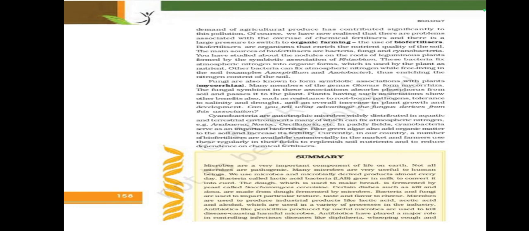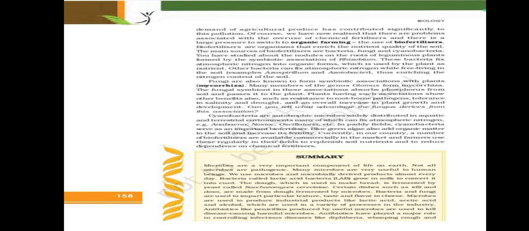Plants having such associations show other benefits also, such as resistance to root-borne pathogens, tolerance to salinity and drought, and an overall increase in plant growth and development. Can you tell what advantage the fungus derives from this association?